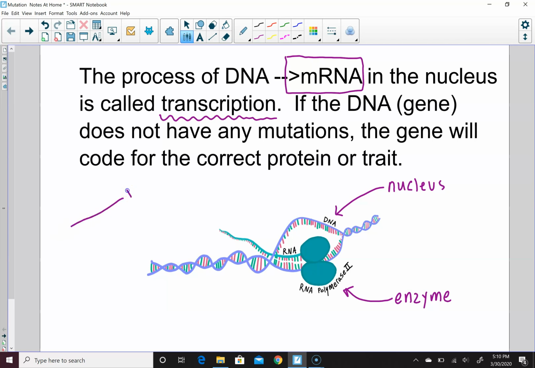So if your DNA is ATGC, the mRNA from that is going to be UACG. So remember, it's complementary, but there are no T's. We'll see some more of that coming up in a second.